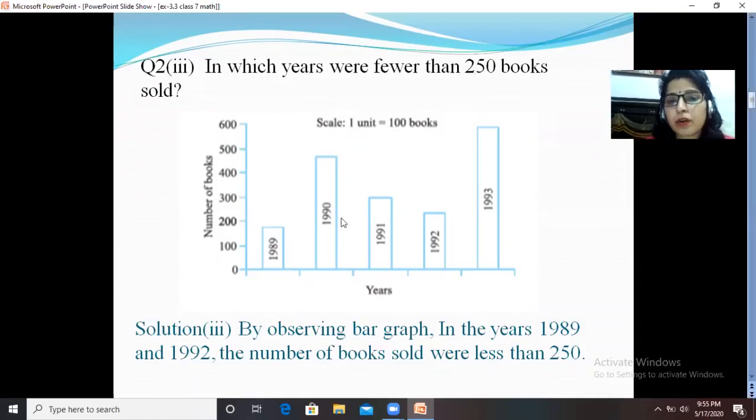If I draw one line you can see only these 2 years, one is 1989 and another is 1992. These 2 years are less than 250, all the other three are higher than 250 books. So by observing the bar graph, we write that in the years 1989 and 1992, the number of books sold were less than 250.